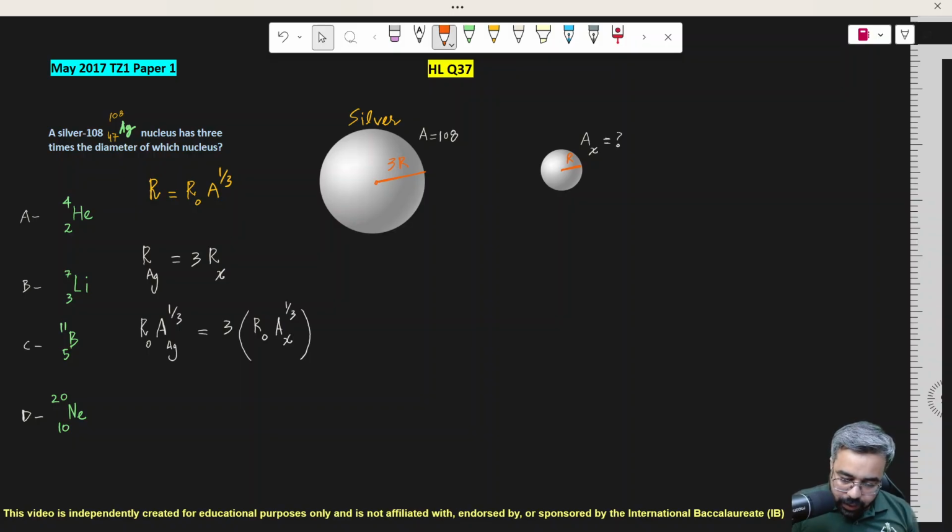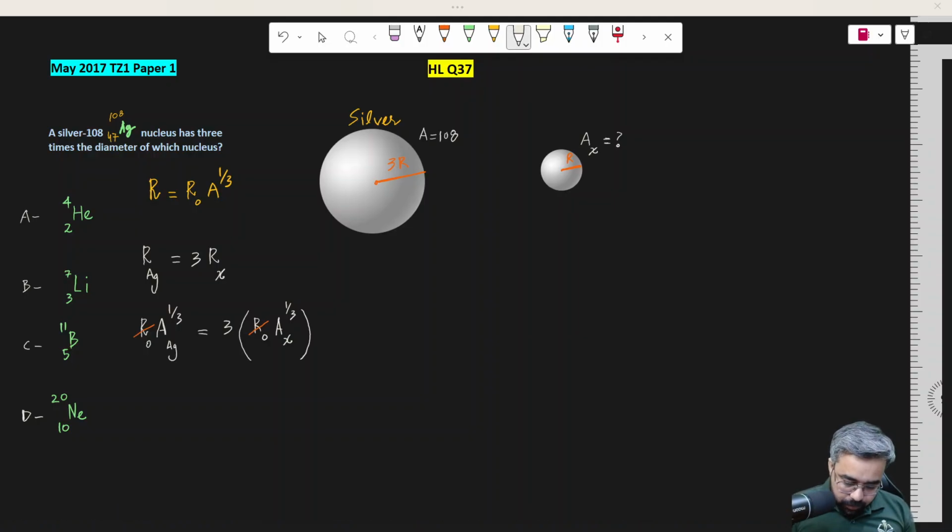We can cancel out this constant on both sides and turn it into the form of a ratio. I mean, you can take this 3 to the other side.